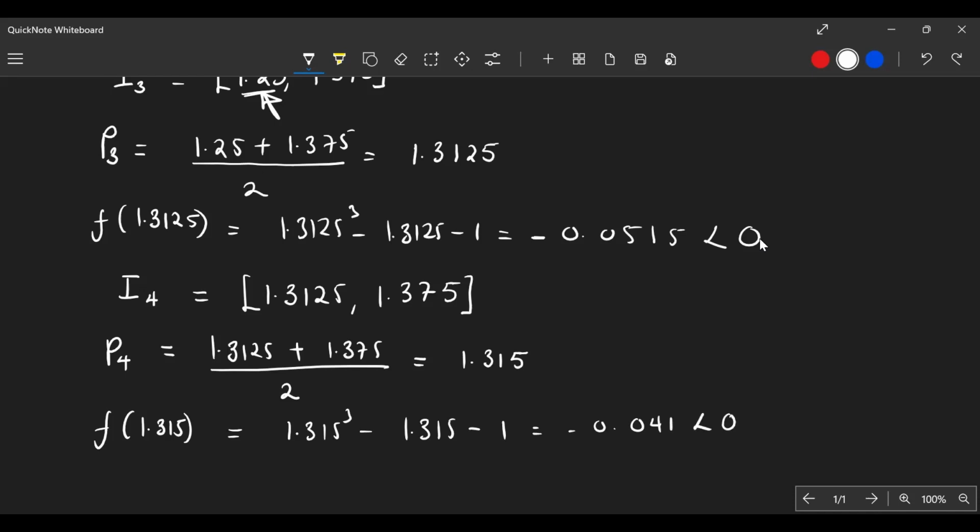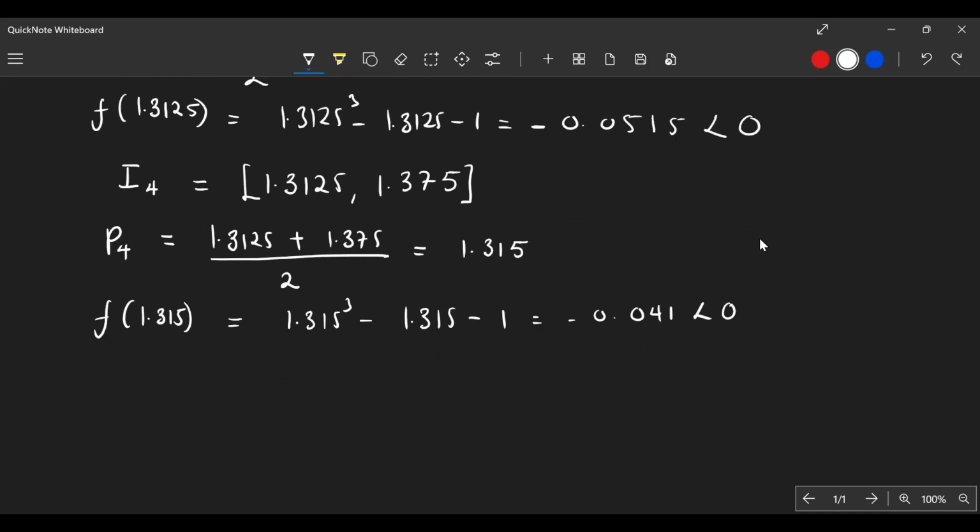So you see that again, this guy is less than 0, meaning my new interval, which I'll call I5, will just be equal to the new value. Remember that this 1.3125 gave us a negative, and also 1.315 is giving us a negative. So it means that our new interval will be 1.315, comma, 1.375.